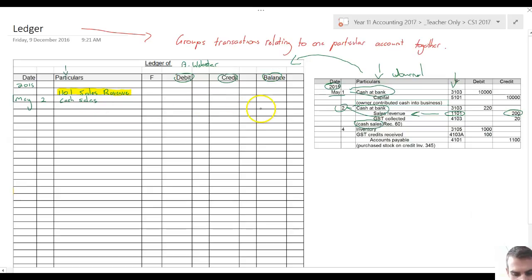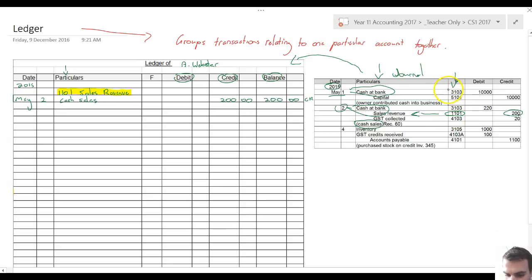So this is a credit balance of 200. I'm going to carry that over to a balance of 200 CR for credit. So I know that my sales revenue account on May 2 was $200 credit. Are there any other 1101 accounts? No, there aren't. So now I'm going to go to the next account in ascending order.